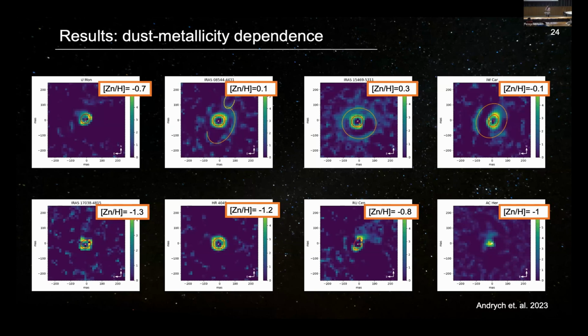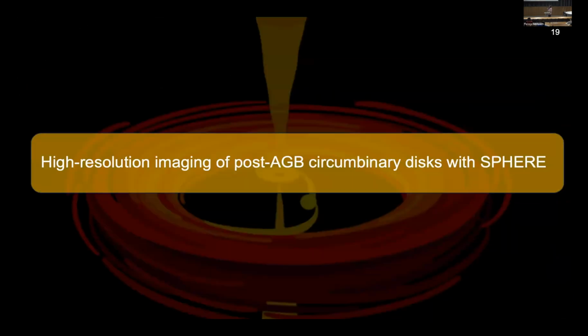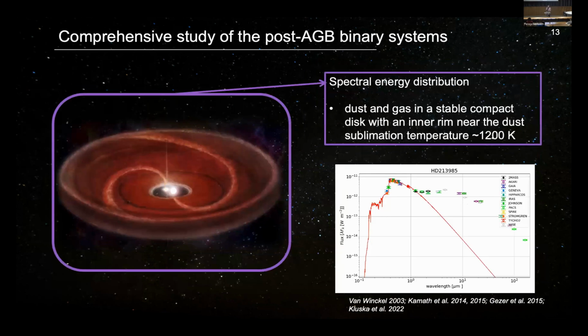Well, yes, we do take it into account. When we make a model of a circumbinary disk, we take into account the different luminosity.